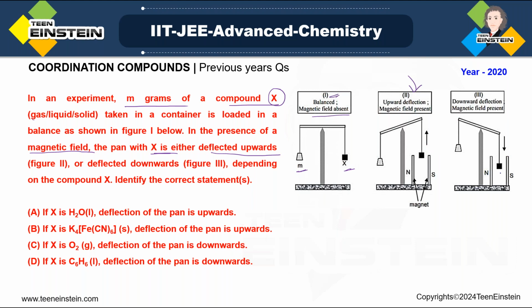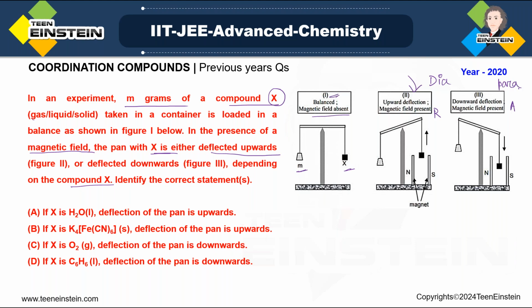That means it is coming towards the field, attracted. Second picture is there is repulsion. Last picture is attracted. Now that depends on the nature of compound. Downward deflection is attraction, I am writing A, and repulsion I am writing R. Now repulsion will be there when it is diamagnetic, but when it is paramagnetic, there will be attraction.